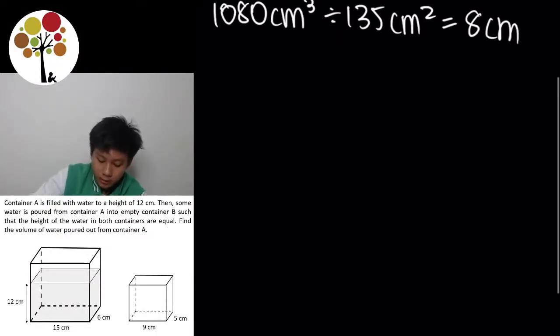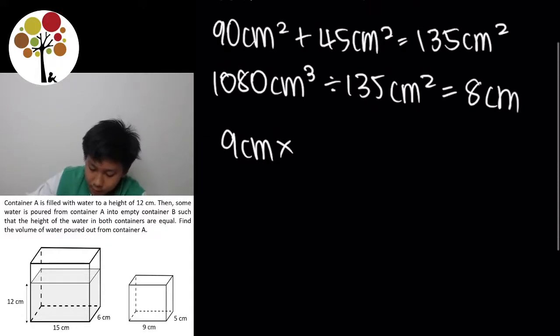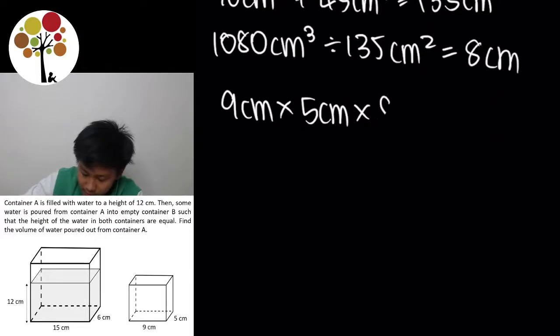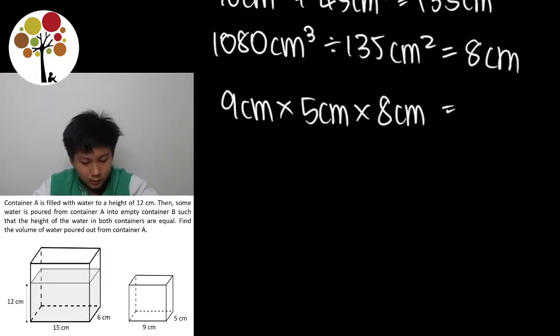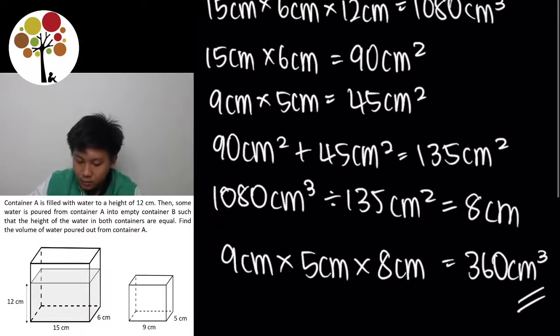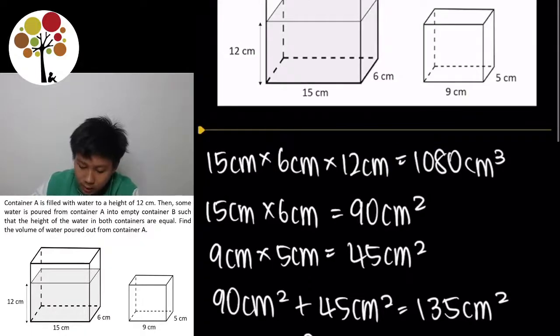So the length is 9 cm times the breadth, which is 5 cm, times the water level, which is 8 cm, which is 9 times 5 times 8, equal to 360 cm cubed. So that is the volume of water in container B.